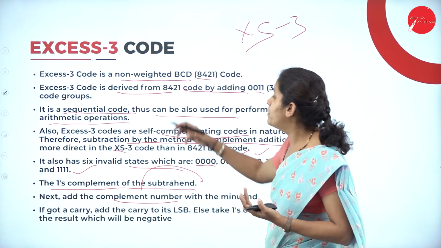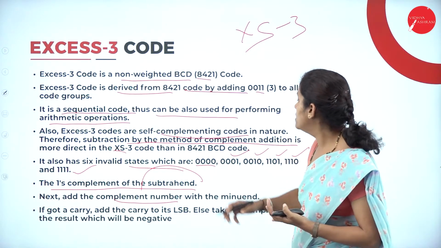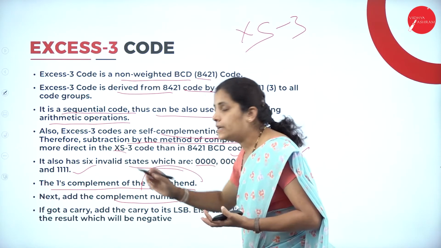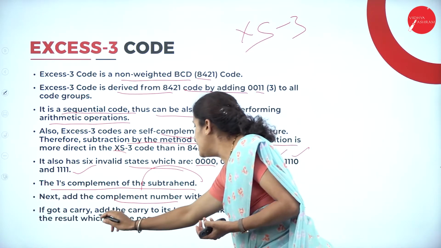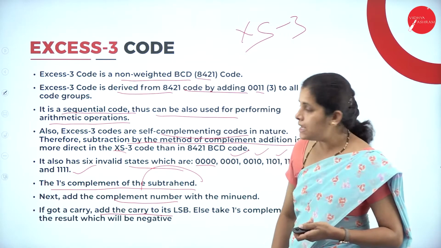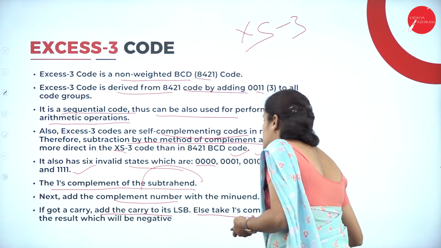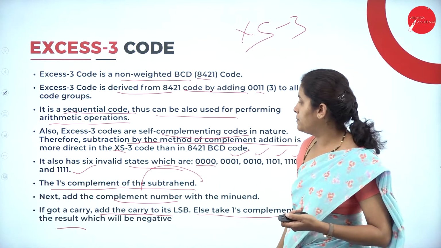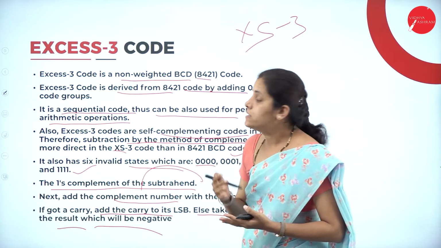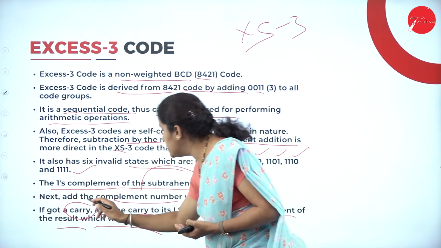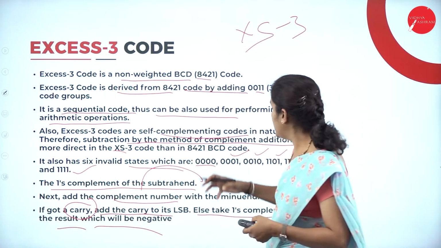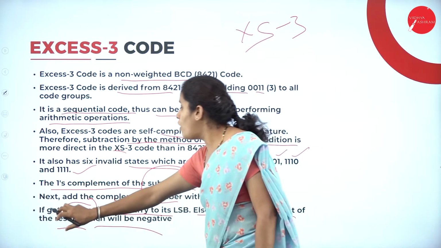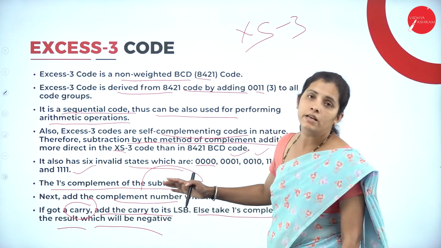I repeat, we want to add the complement number with the minuend. If you get any carry, add the carry to its LSB, else take the one's complement of the result, which will be negative.